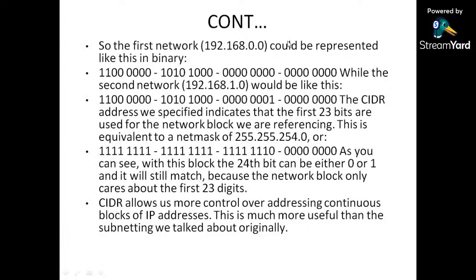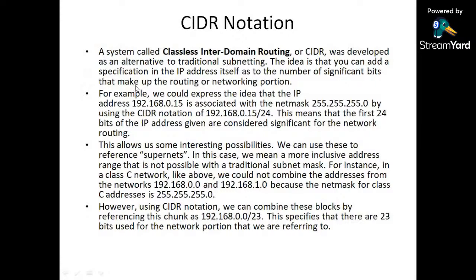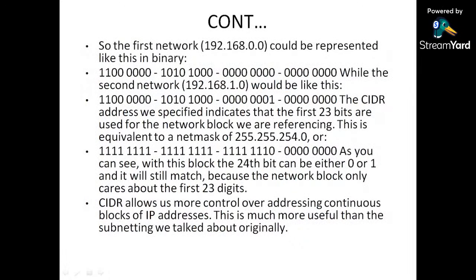So the first network could be represented like this, as given here. In the CIDR address we indicate the first 23 bits are used for the network block, and this is equivalent to a net mask.